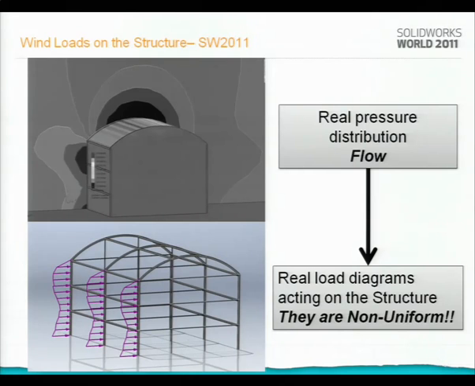Do you know what happens if you attempt to use the option that you import pressure loads from flow? The problem here is actually this is not a solid, right? It works for a solid, but in this case, if you see, look at this. This is the actual building, right? With the sheet metal.